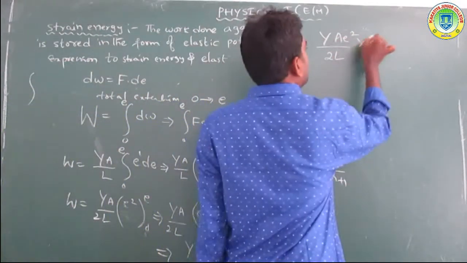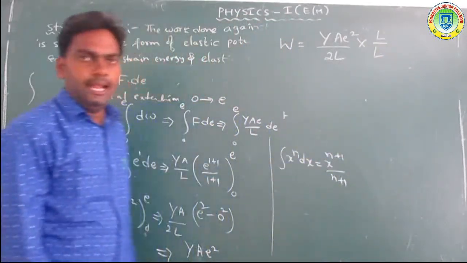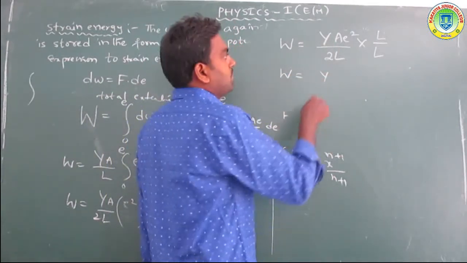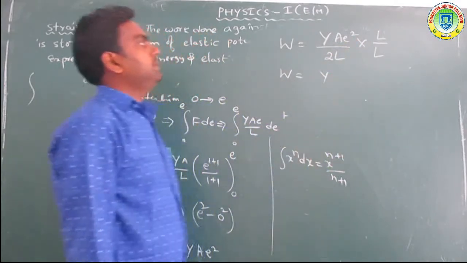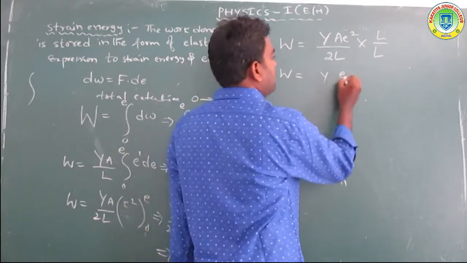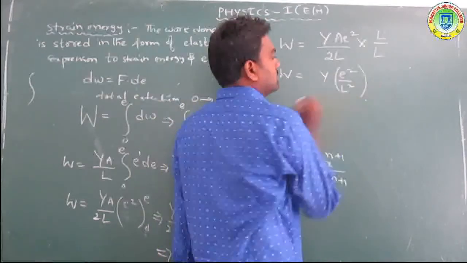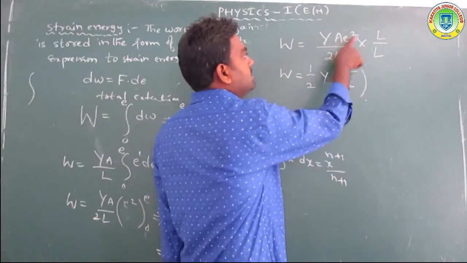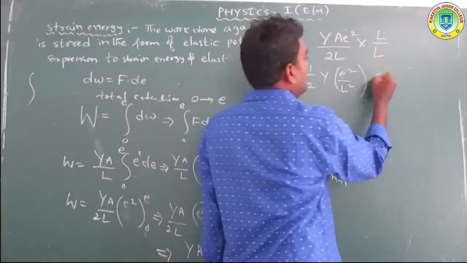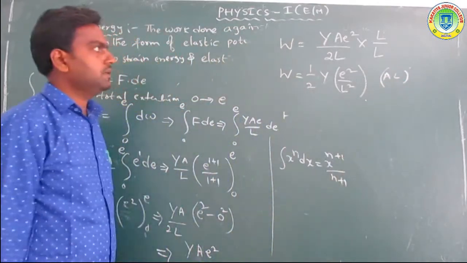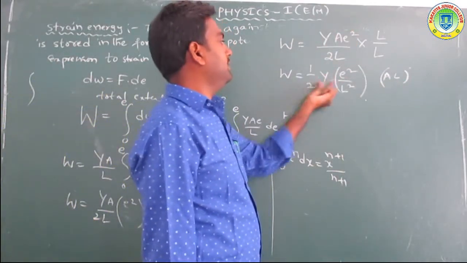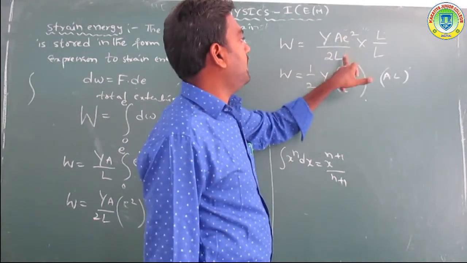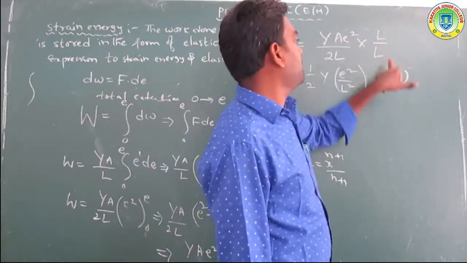Multiplying and dividing with respect to L, W is equal to one half, Y, e square by L square, times A into L. So the equation is divided into parts: Young modulus, e square by L square, and the remaining terms A into L.